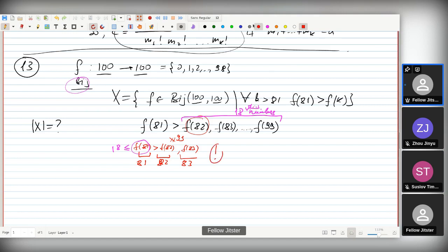Let us consider the following question. Which numbers can occupy positions 81, 82, up to 99? Which numbers collectively can occupy all these positions? Are there any constraints?